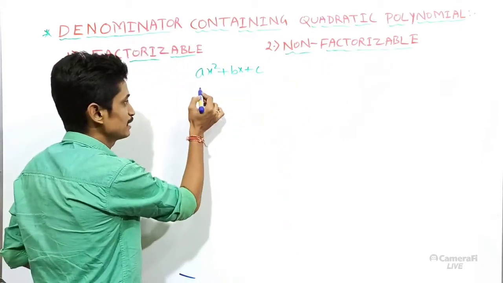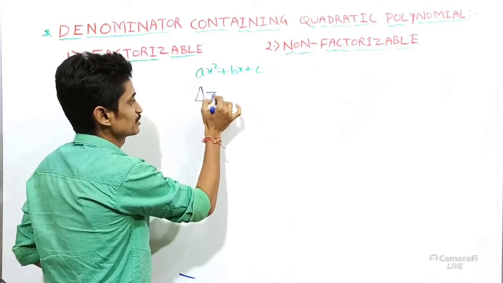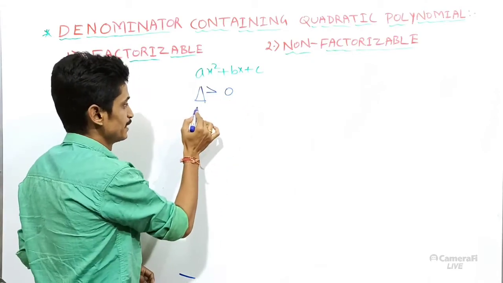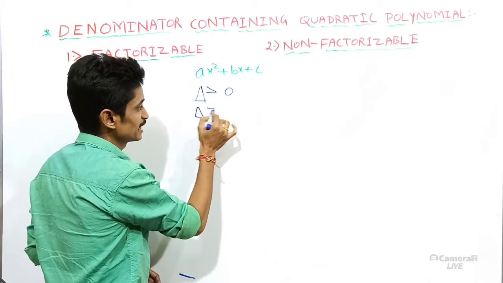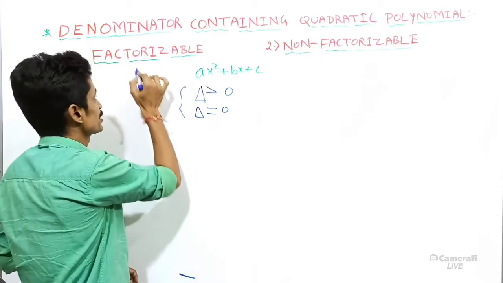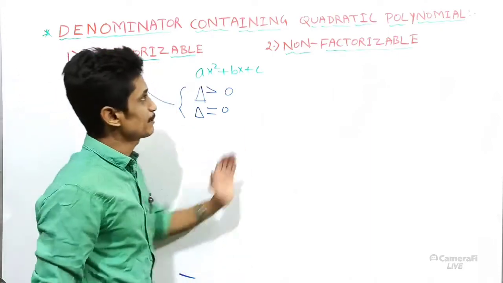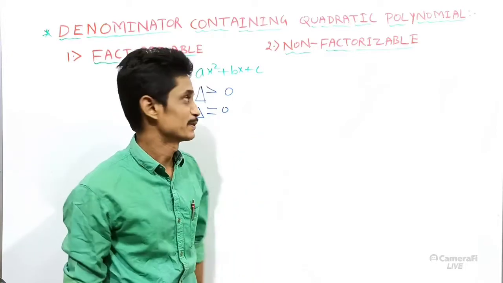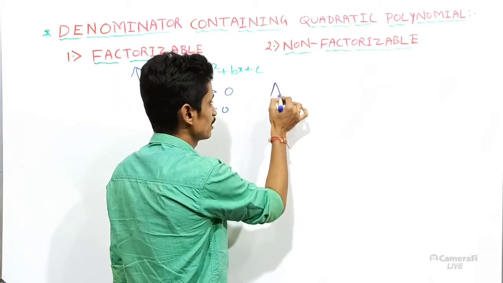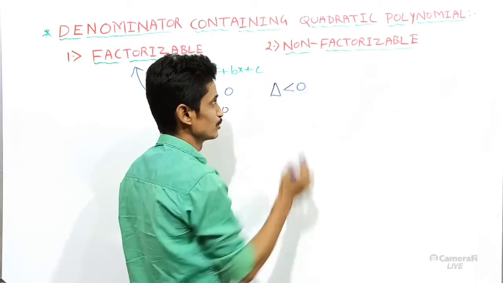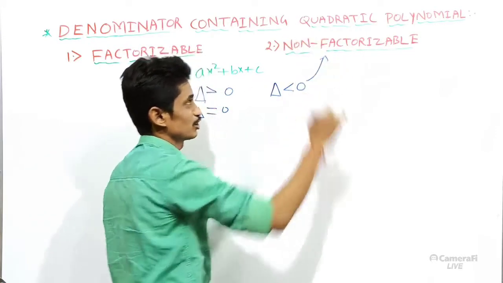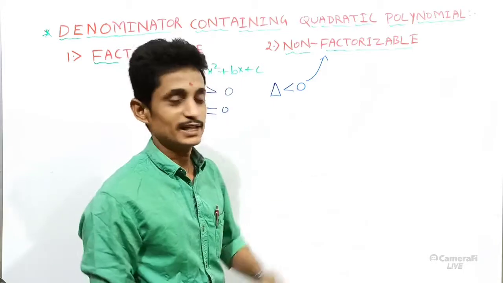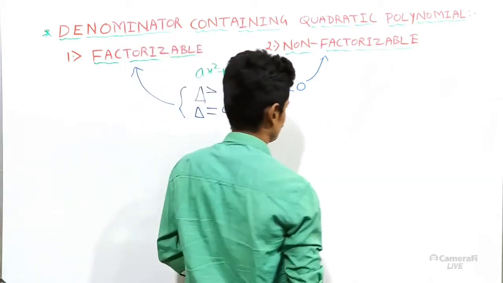That's why we have the discriminant. When the discriminant is greater than 0 or equal to 0, we have to consider such quadratic polynomials as factorizable. When the discriminant is less than 0, such quadratic polynomials are called non-factorizable quadratic polynomials. Let us take some examples regarding that.